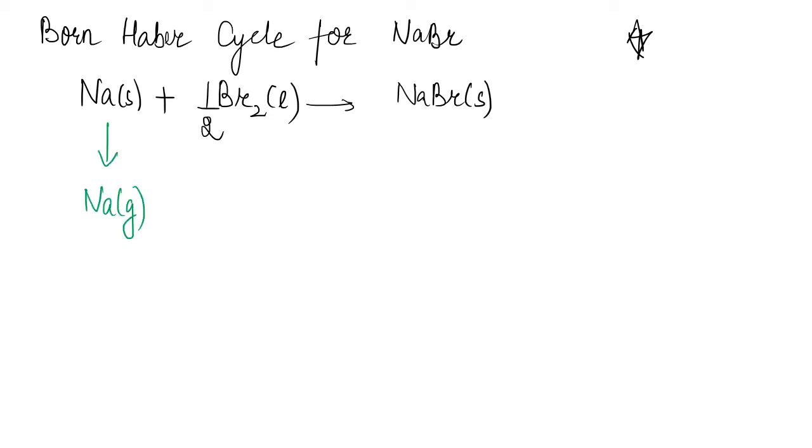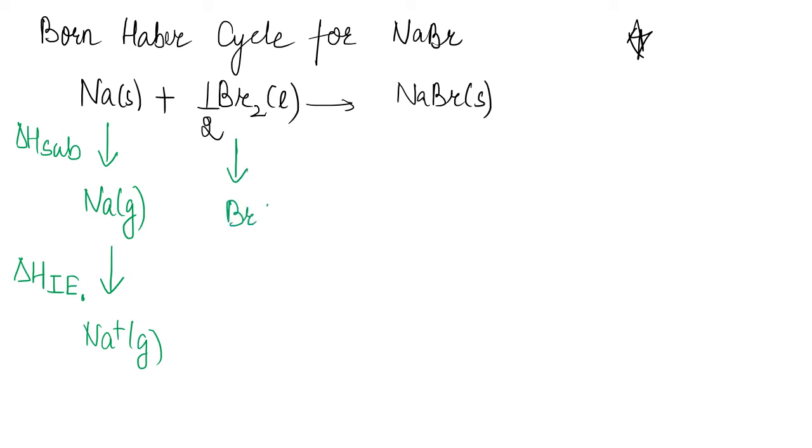Okay, what is this? This is enthalpy of sublimation. Then this Na plus gas. What is this? Ionization energy. Then what we'll do? We'll try to make Br2 gas. So for liquid to gas, the process is called vaporization. So half of the molecule is involved.